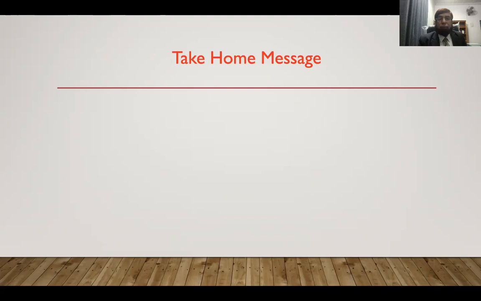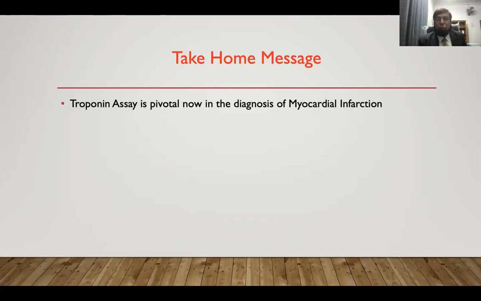So my take-home messages are: troponin assay is pivotal now in the diagnosis of MI. You cannot diagnose MI if you do not have a troponin assay. If you have a cardiac ward, or you are working in a cardiac hospital where interventional cardiology is practiced, I don't think you can do without a troponin assay, HS troponin assay done on chemiluminescence or with the support of some quantitative POCT.